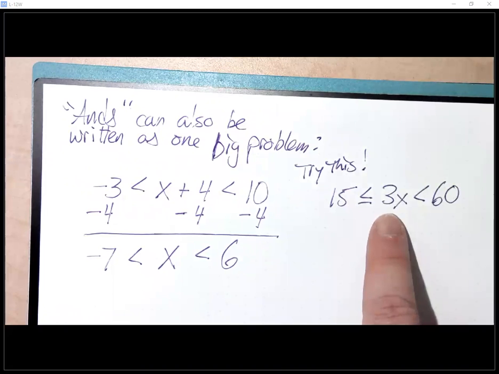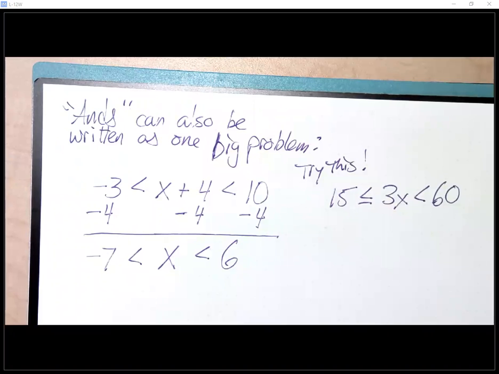Well, I would only subtract 3 if I were adding 3. I'm multiplying right now, right? That's 3 times x. So what's the opposite of multiplying? Yeah, I actually want to divide all of them by 3.